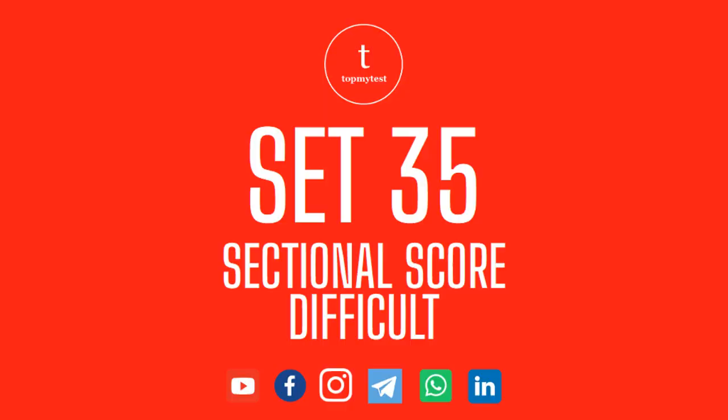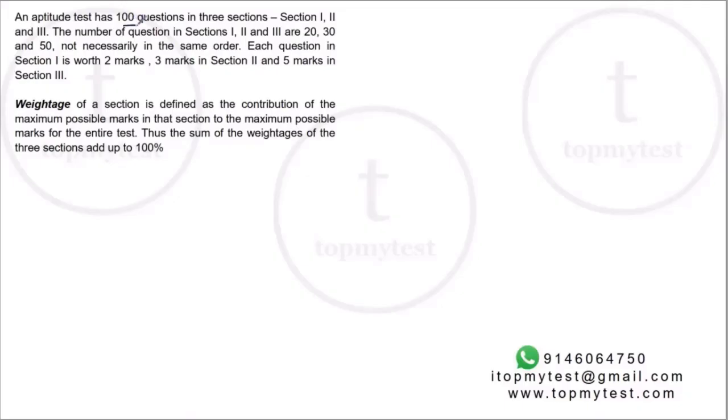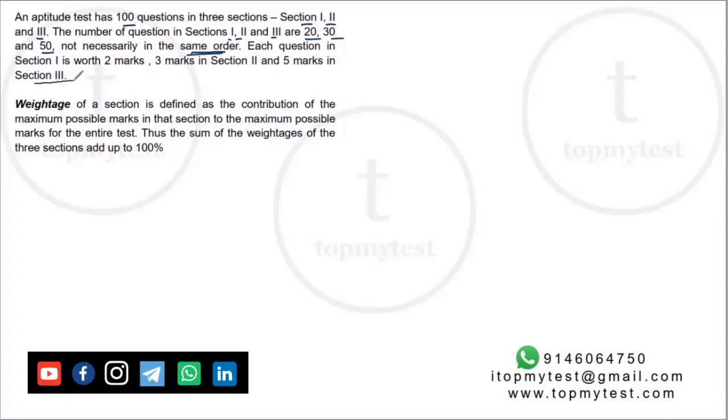The set says an aptitude test has 100 questions in 3 sections, sections 1, 2 and 3. The number of questions in section 1, 2 and 3 are 20, 30 and 50, not necessarily in the same order. Each question in section 1 is worth 2 marks, 3 marks in section 2 and 5 marks in section 3.